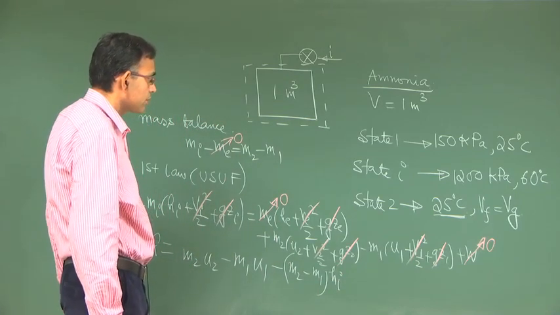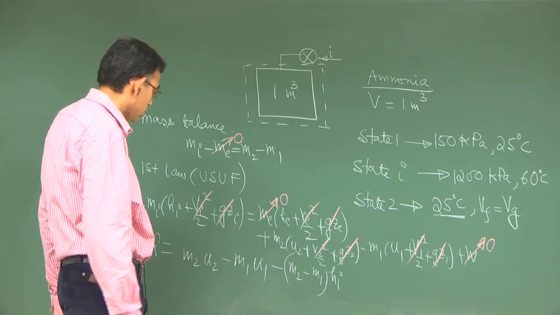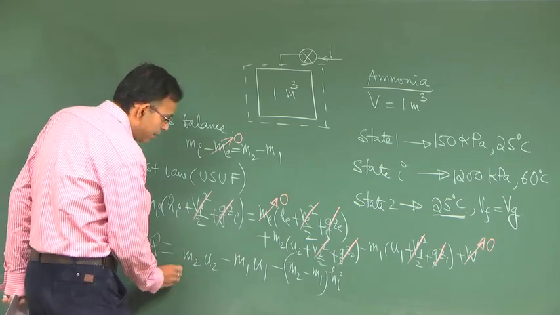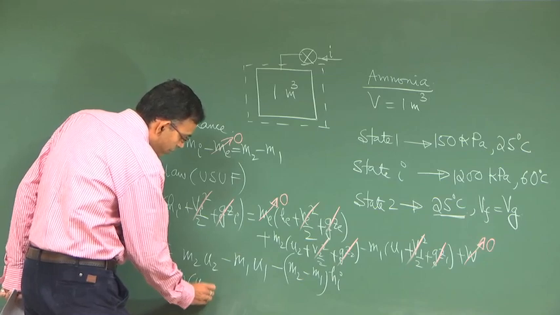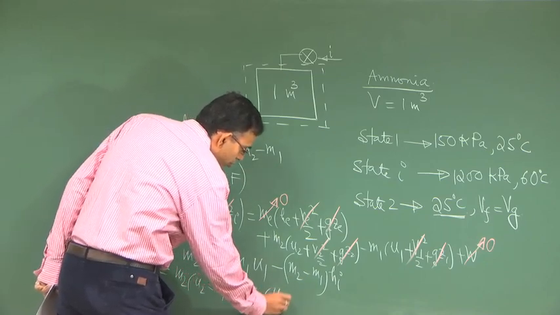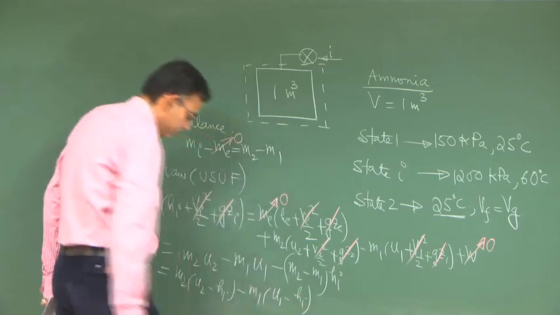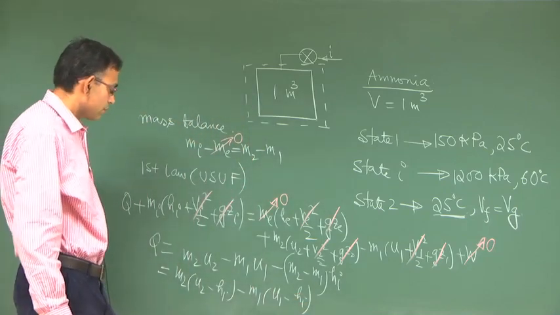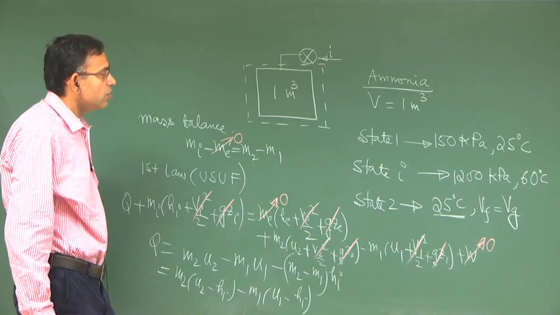So, this is M2 into (U2 minus Hi) minus M1 into (U1 minus Hi). So, let us see what we know out of this.